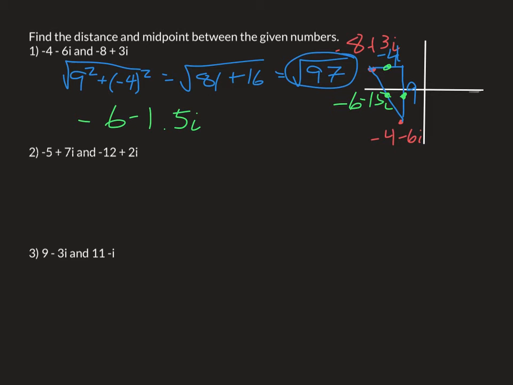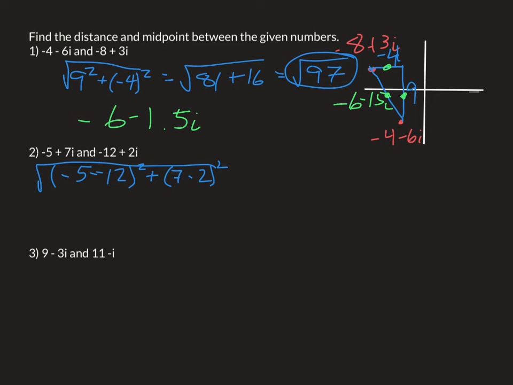So in number 2, when I do the distance, I'm going to start with the big square root, but I need to find the change from -5 over to -12. So I just do the difference between the real components squared, plus then the change between the imaginary components, 7 minus 2, quantity squared.